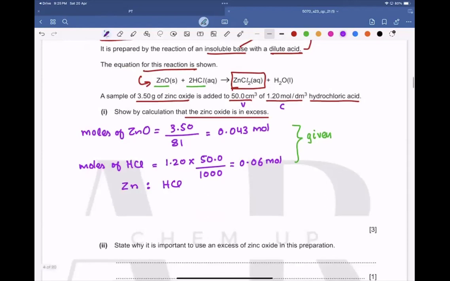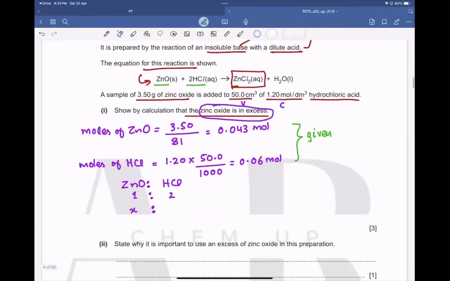From the equation, there is 1 mole of zinc oxide and there are 2 moles of hydrochloric acid. As we have to find zinc oxide in excess, I make zinc oxide X. I am also given this amount, but this is the given amount.